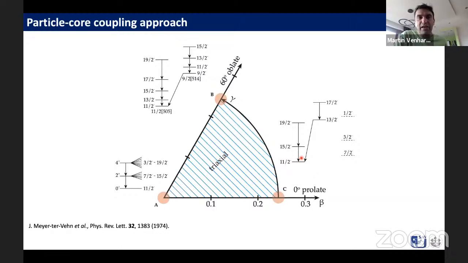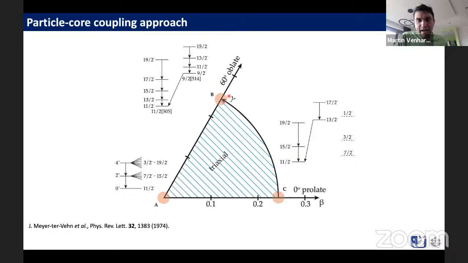So how we can simplify this problem is that we take particle core coupling, that we take odd nucleus, when odd nucleus acts as a spectator, and we couple it to even core, and we are investigating then only the spectrum of just one particle, and from impossible we can come to the model that is solvable.